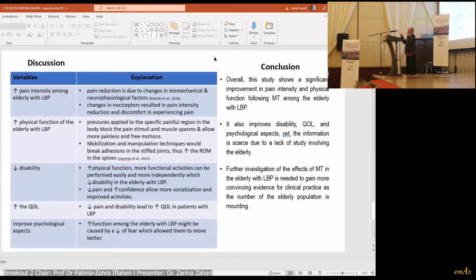You may find many studies among the adult population. However, it is very, very limited among the elderly group. Therefore, further investigation of the effects of manual therapy in the elderly with low back pain is greatly needed, to gain more convincing evidence for clinical practice as the number of the elderly population is mounting in the world.